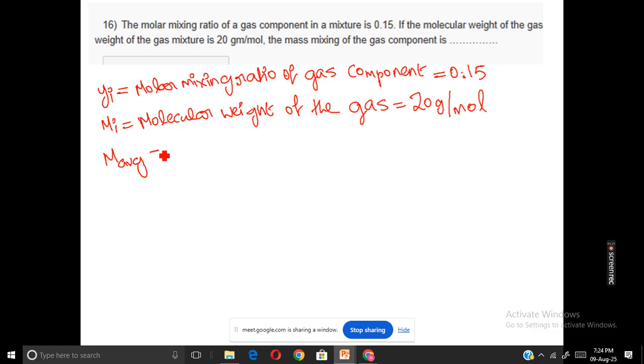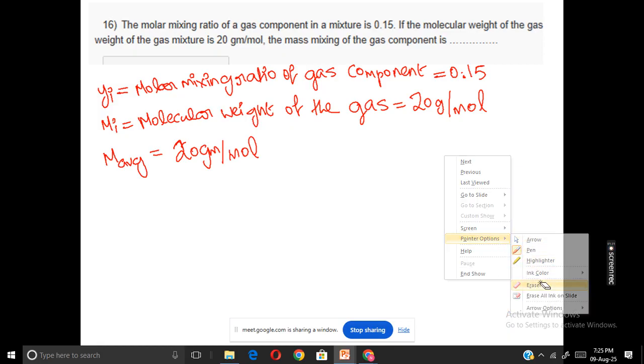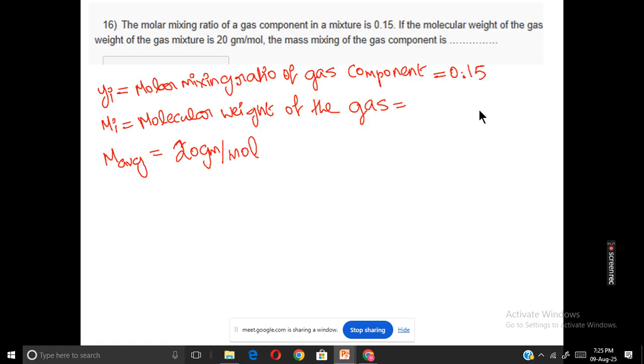M average, the molecular mass of the gas mixture, is given by 20 gram per mole. We need to find the mass mixing ratio of the gaseous component.